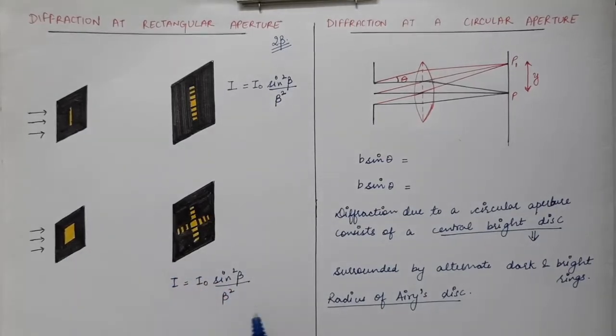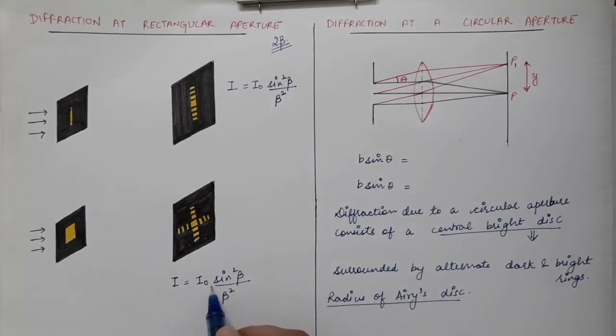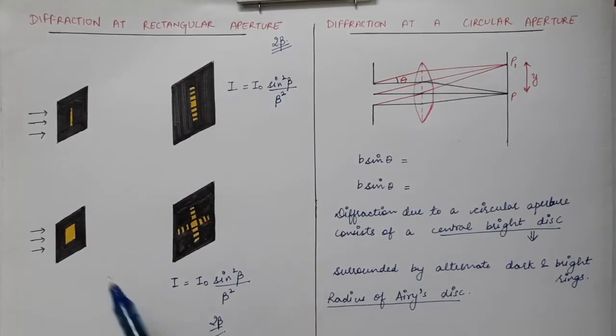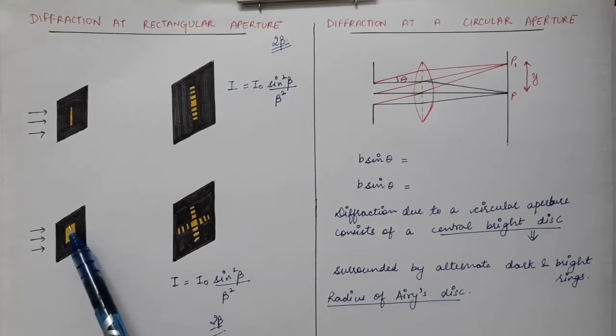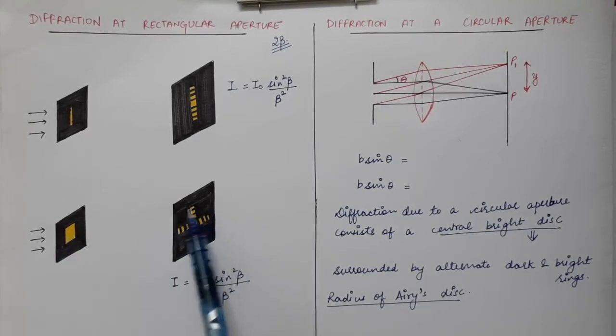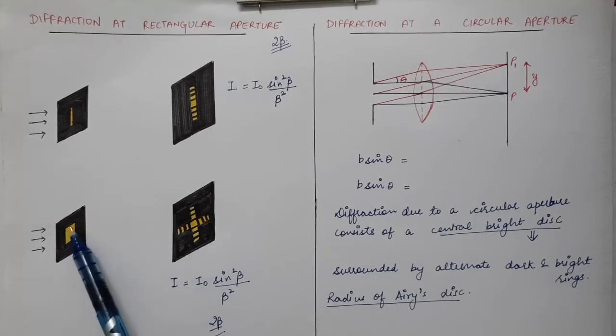And here we will have intensity equal to I0 into sine square beta divided by beta square, where twice of beta will be the phase difference between the light rays which are reaching a point on the screen from the two ends of the slit.